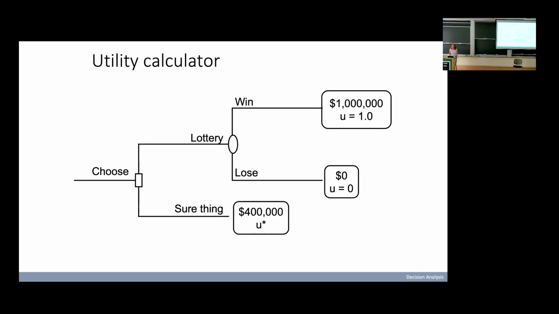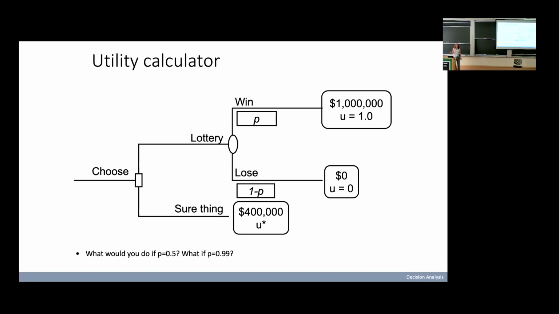We don't know how much we value the $400,000 yet. Now we have a probability p of winning. We also have a 1 minus p probability of losing if we do the lottery. So we already did basically what would you do if your probability is 0.5.